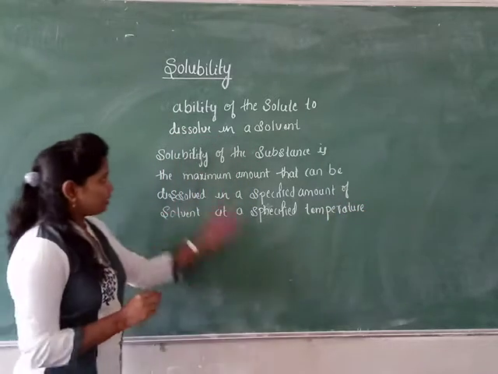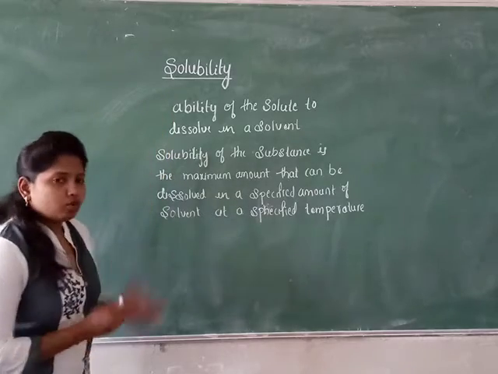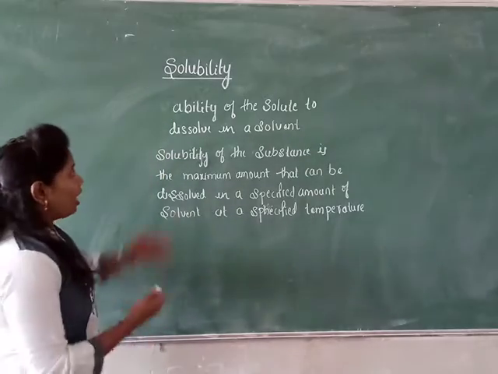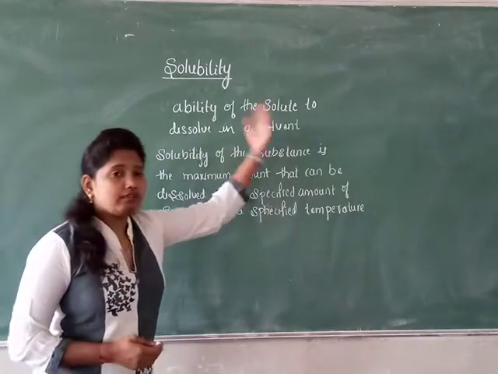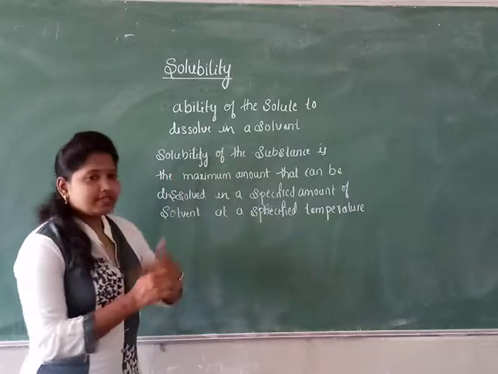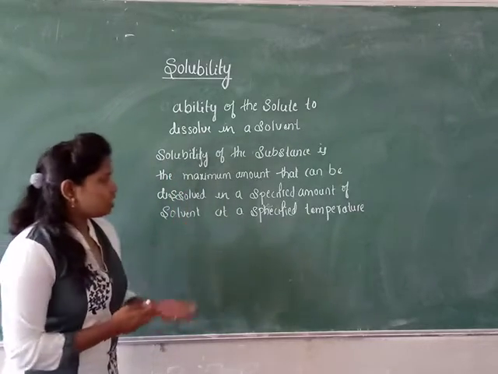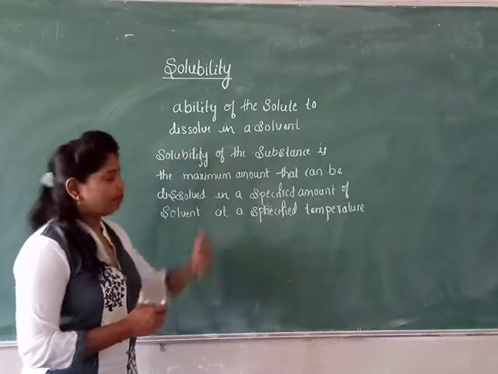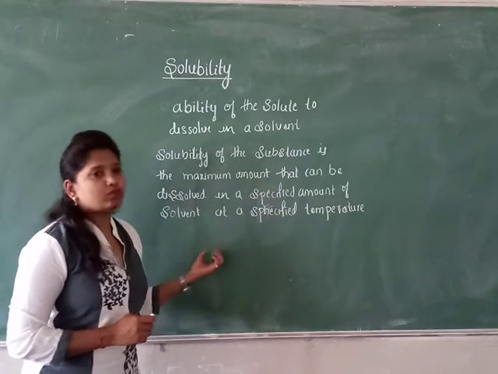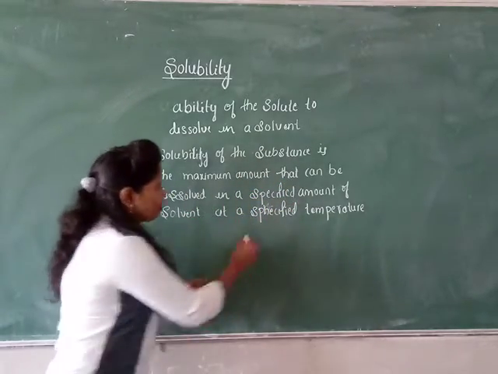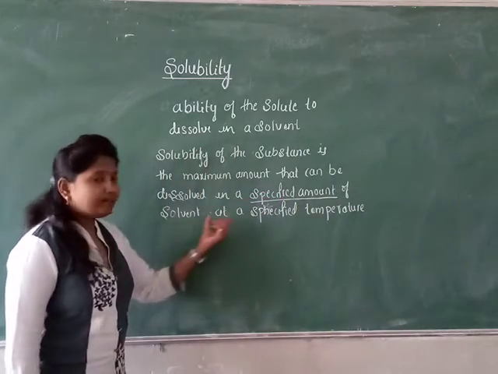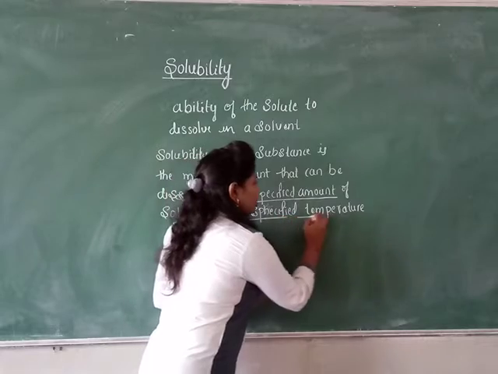Okay, let us look at the definition of solubility. The ability of the solute to dissolve in a solvent, or the solubility of a substance is the maximum amount of the solute that can be dissolved in a specified amount of the solvent at a specific temperature.